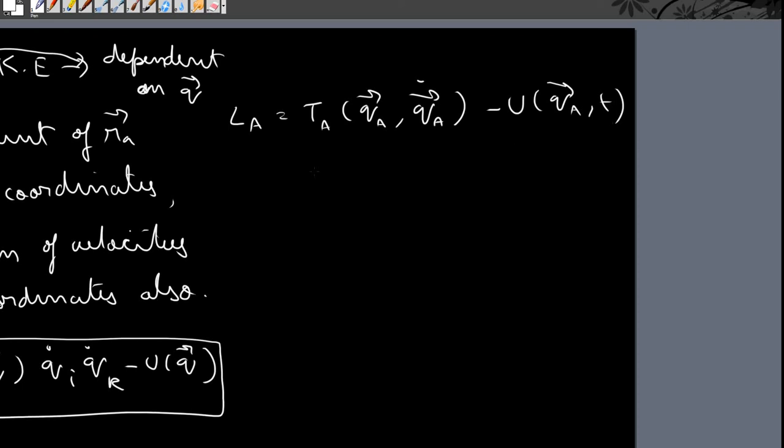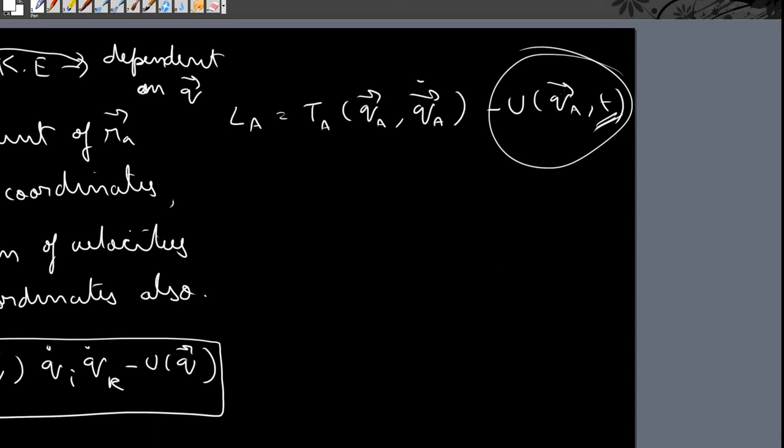Okay, so a system which is not closed can be explained in terms of an external potential. By external, the external factor comes from the dependence on time. Because if it was only dependent on QA, then it would depend only on the different positions of the particles inside system A, and that would give you the Lagrangian for a closed system.